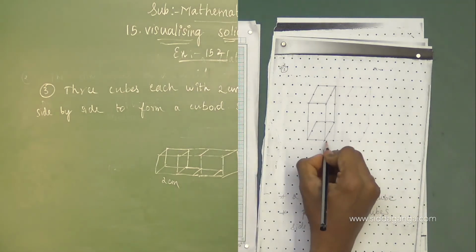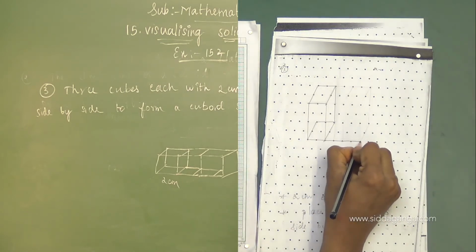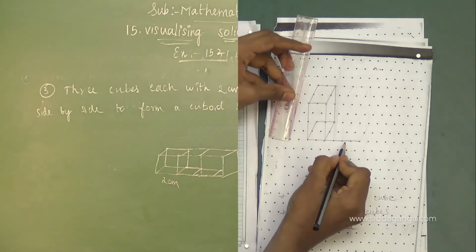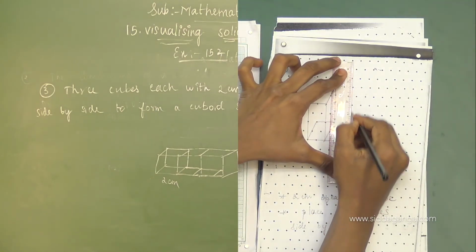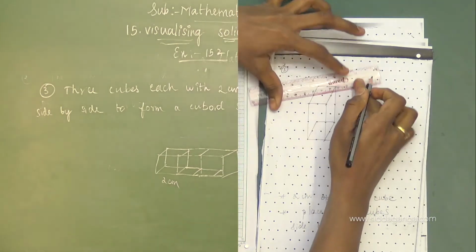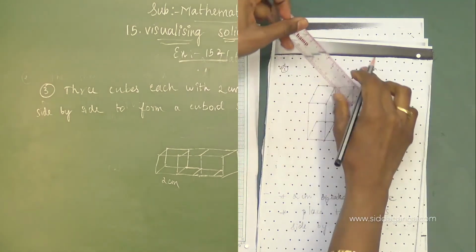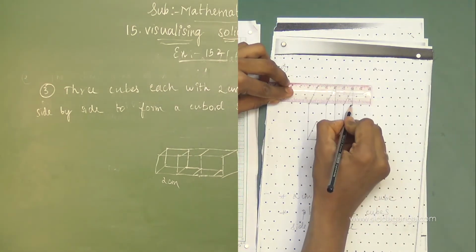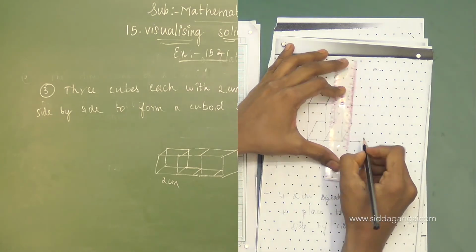For that just we have to take first length here 2 centimeters and then here 2 centimeters. For these I am doing another cube. This is another cube.